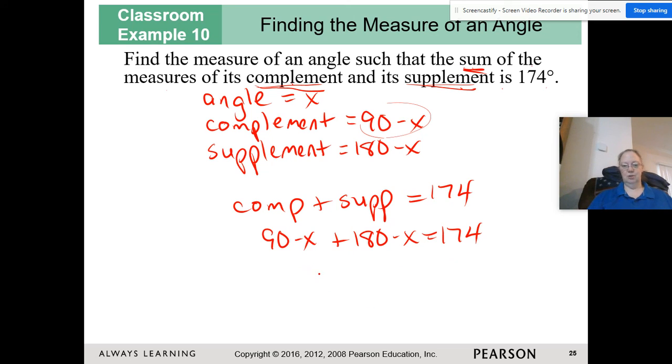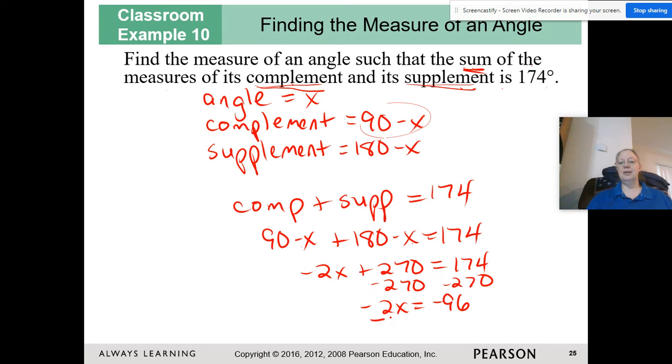I am going to combine like terms. I'm going to combine the x's and I'm going to add the constants. And now I'm going to subtract 270, which is not something I can do in my head. I'm lousy at subtraction in my head. 174 subtract 270, negative 96.